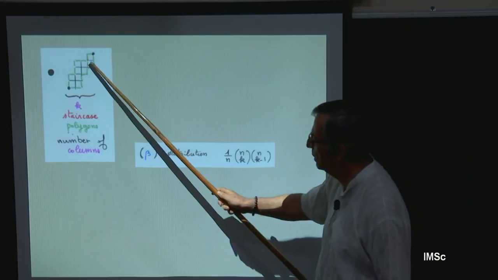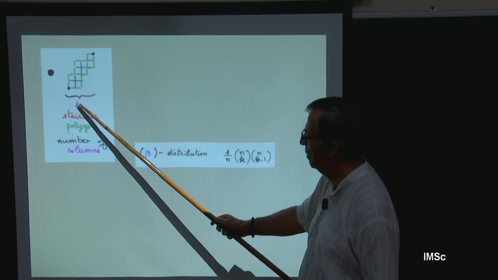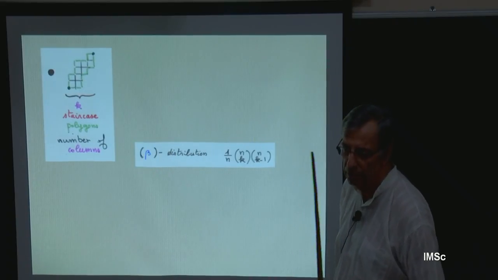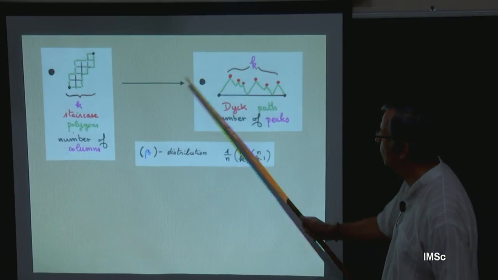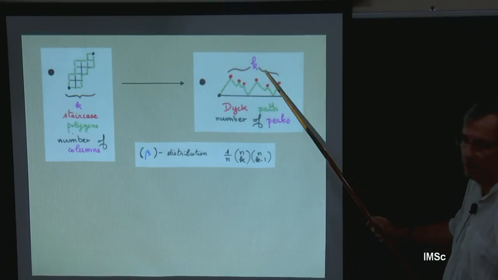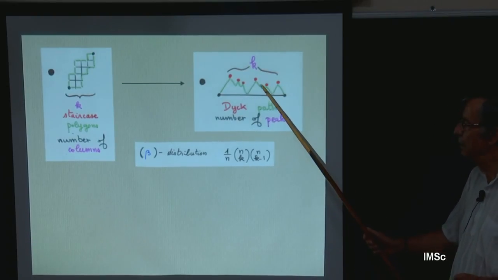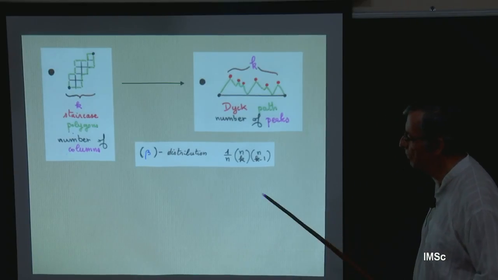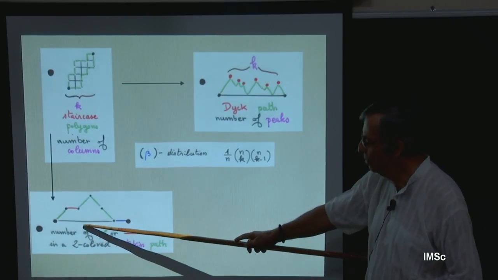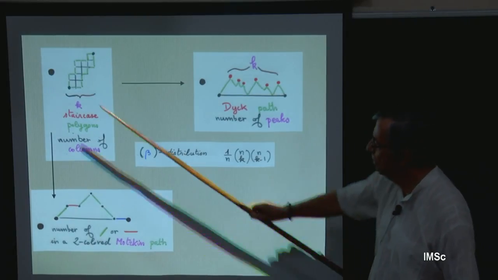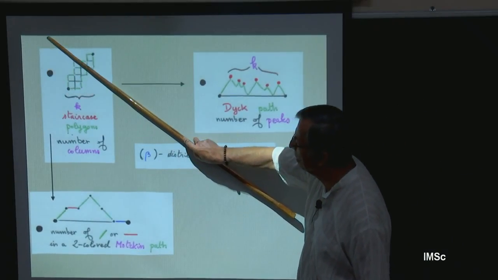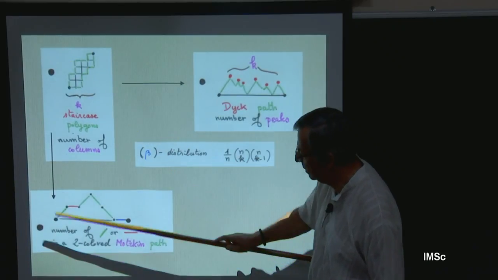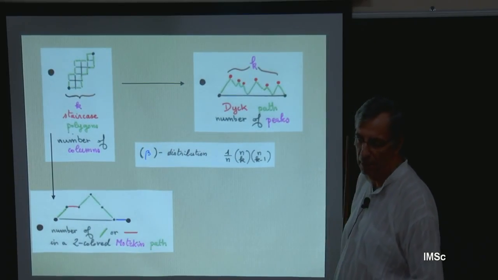But for staircase polygons, the beta distribution was the staircase polygons according to the number of columns. We have seen the bijection. The beta distribution, counting Dyck paths by number of peaks, is exactly counting staircase polygons by number of columns. Now we have seen another bijection sending you to 2-column Motzkin paths. Remember, we are looking like this, and the width between the 2 paths is given by this.